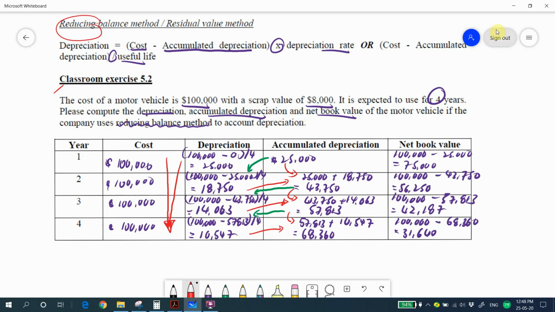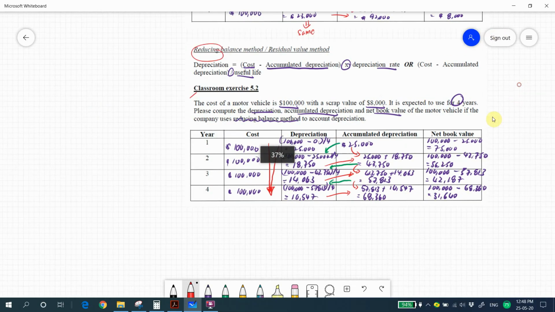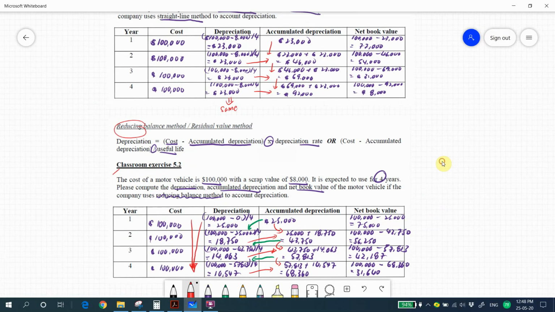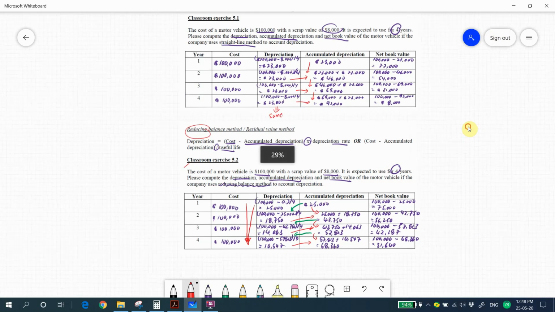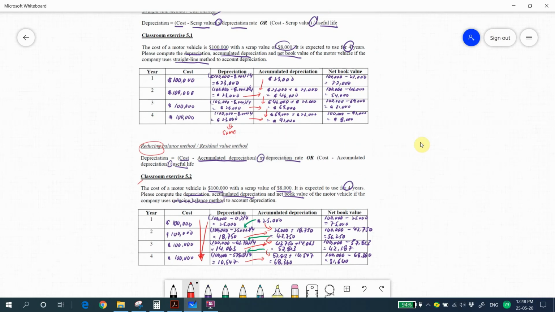So you can compare both methods. Under the straight line method, your depreciation amount will be the same over the 4 years period. If your depreciation is calculated using the reducing balance method, your depreciation amounts will be reduced. That's why we say reducing balance method.